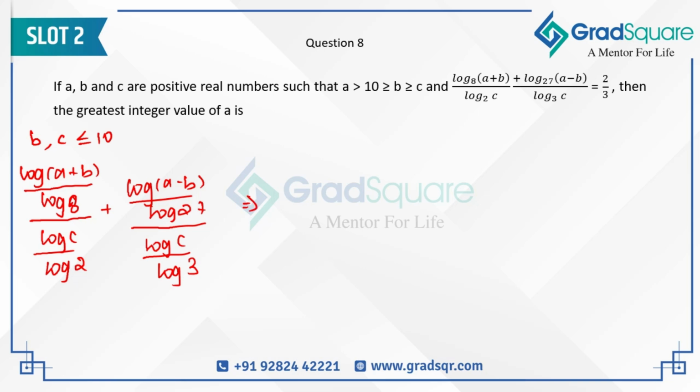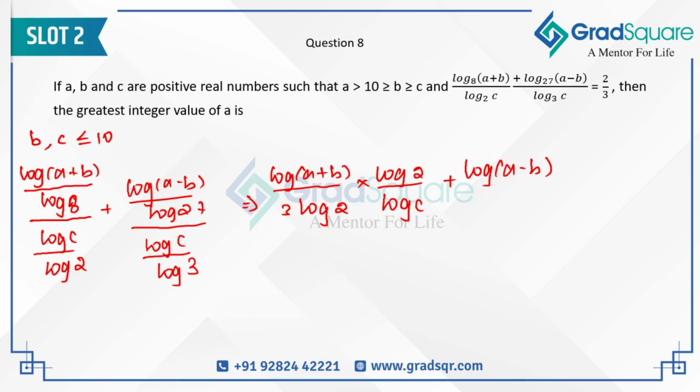So this can be written as log of A plus B by 3 into log of 2, and reciprocating the denominator I get log of 2 by log of C plus log of A minus B. 27 can also be written as 3 times log of 3.